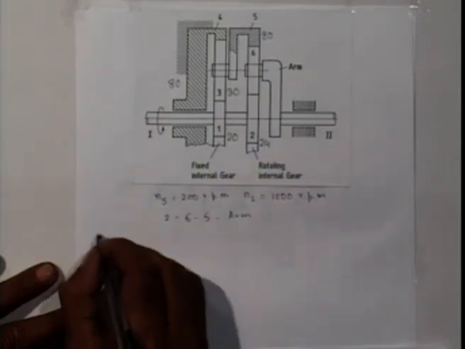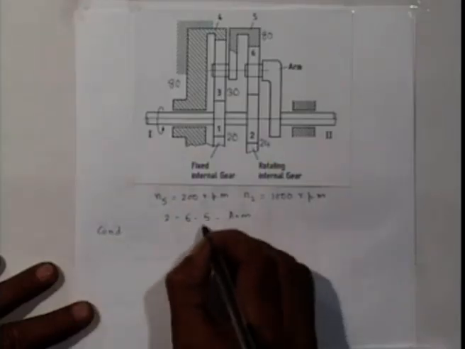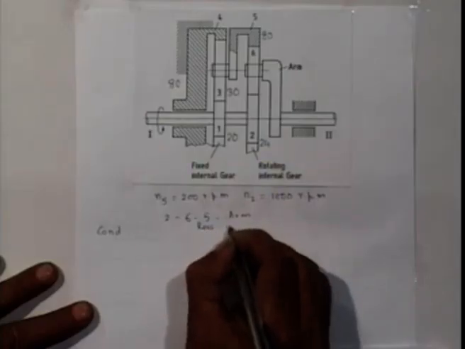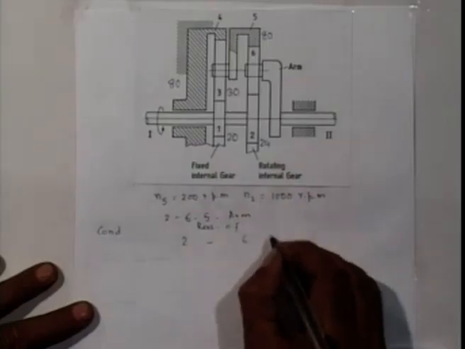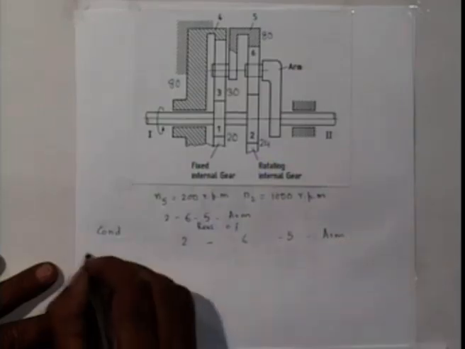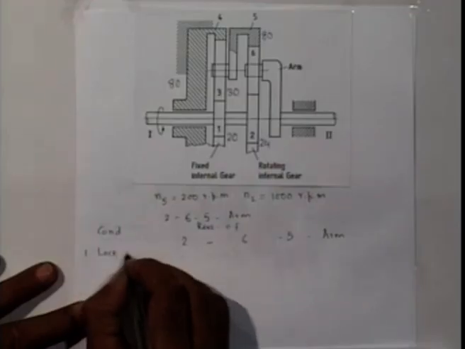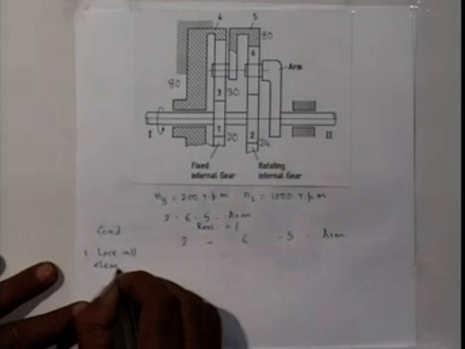So as before, we write condition and revolutions of 2, 6, 5 and arm. First, lock all elements to arm.